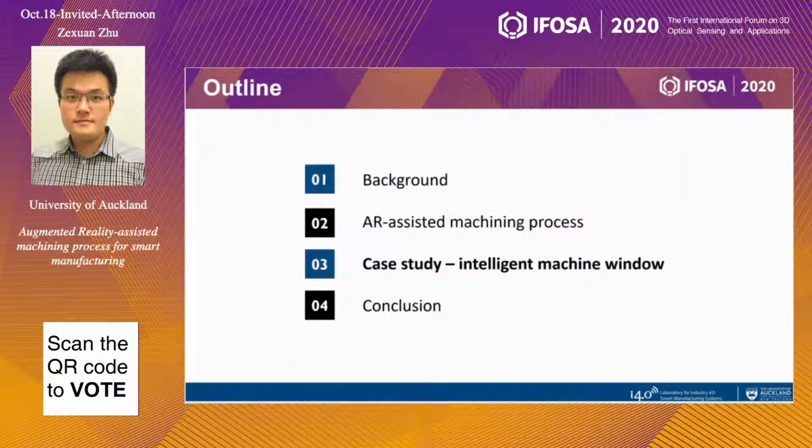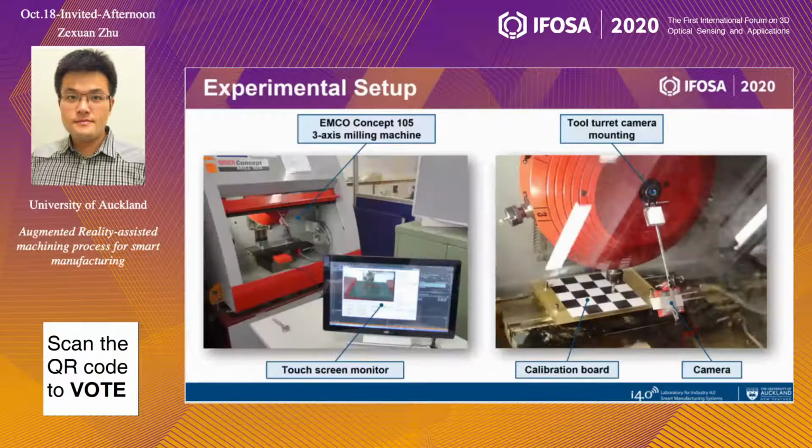So now in this part, I'm going to explain the physical setup of our intelligent machine window and also some key features. As you can see, the machine tool we are using is the AMCO Concept 105 3-axis milling machine, connected with a touch screen monitor here.